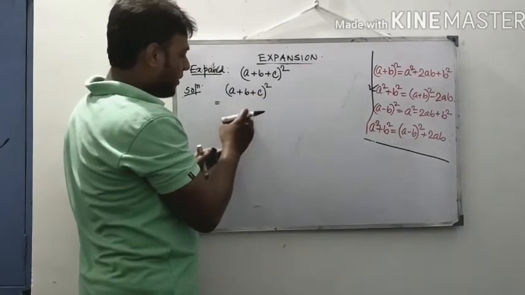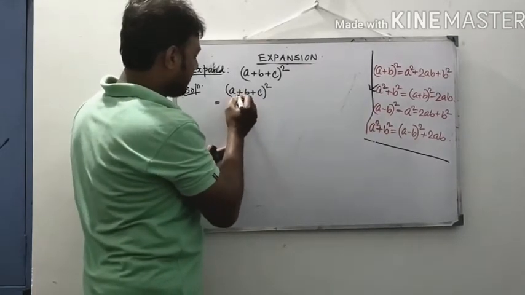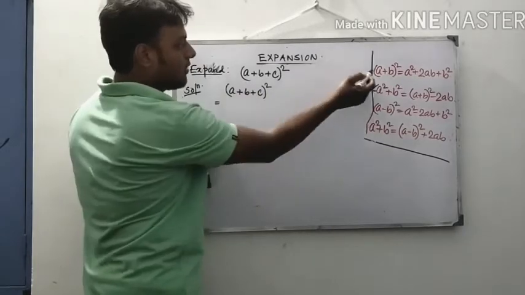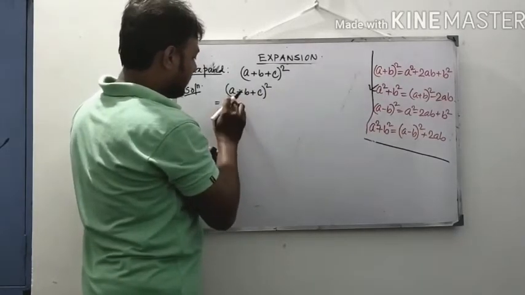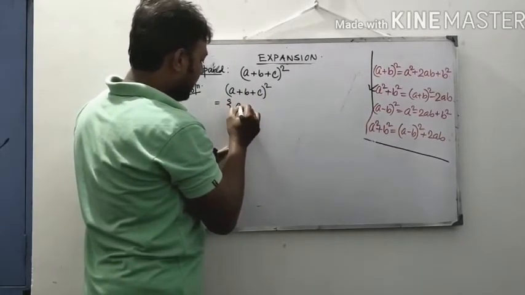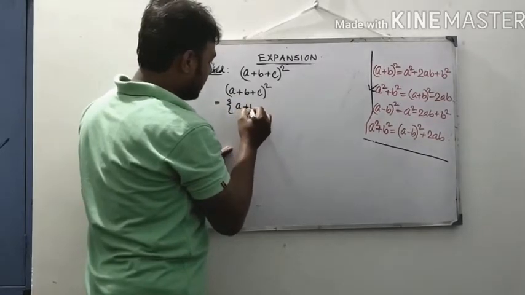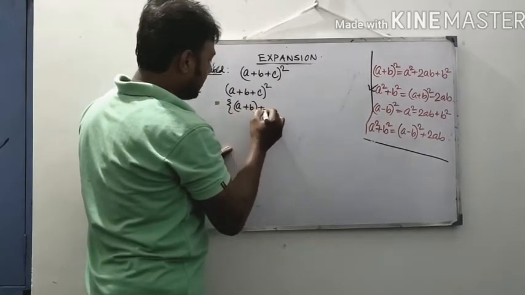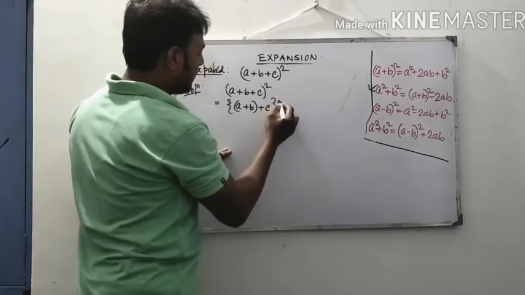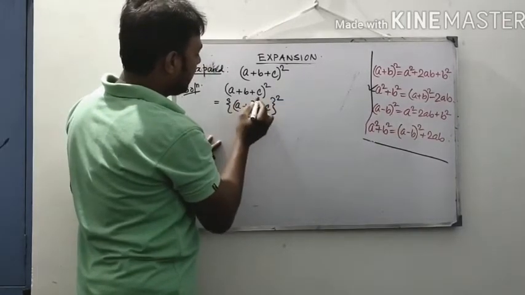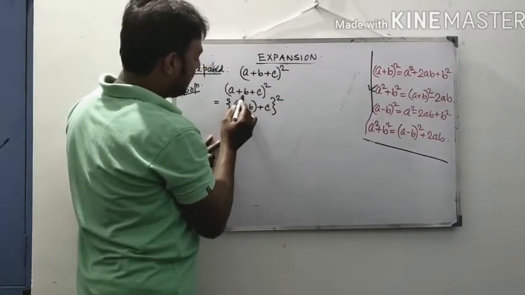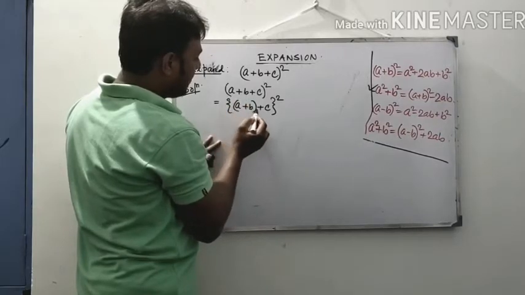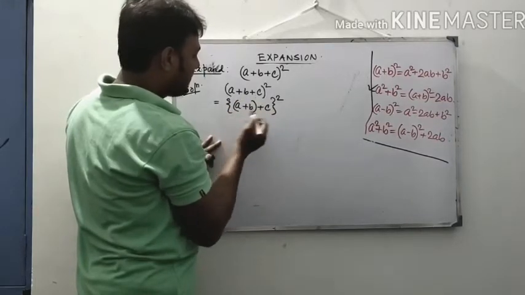But I am using another way. I will use this concept. First make a group, then a plus b plus c the whole square. Just we are making the group. We have made the group a plus b into the same group. If we remove the bracket, it will become the same.